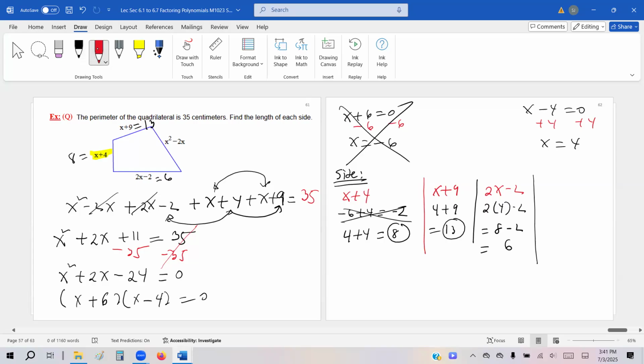And now the last one, x squared minus 2x. So 4 squared minus 2 times 4. 16 minus 8 is 8. So it wasn't bad, right?